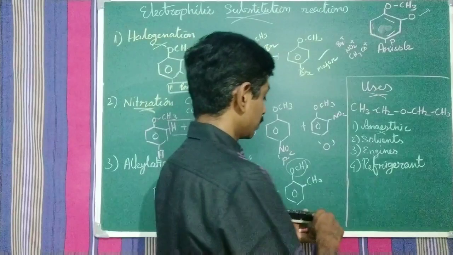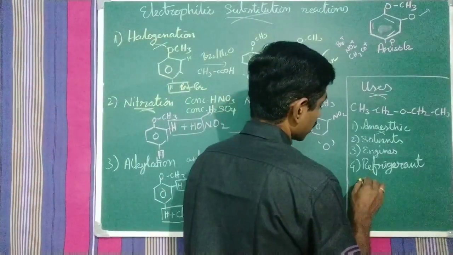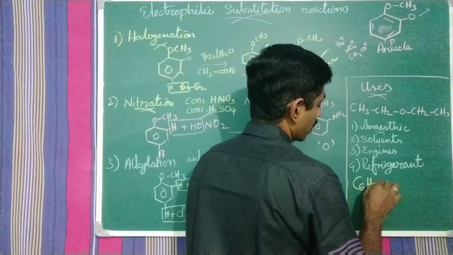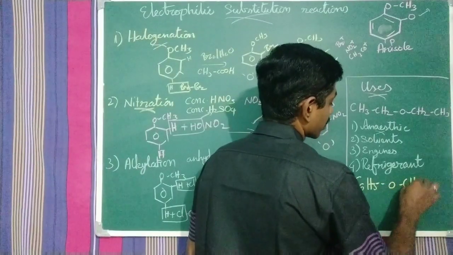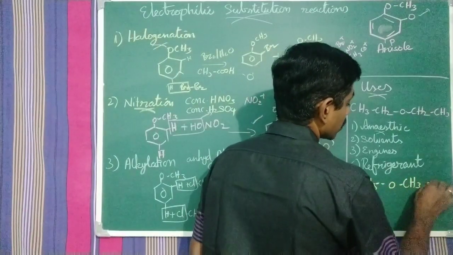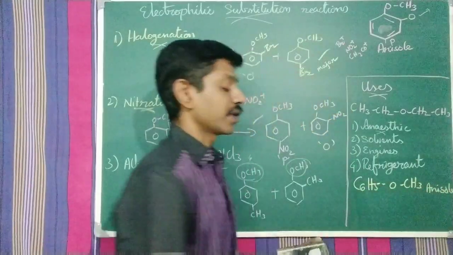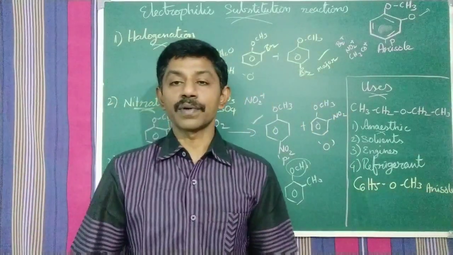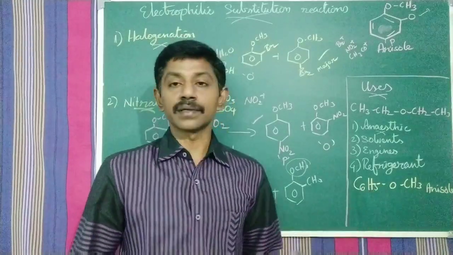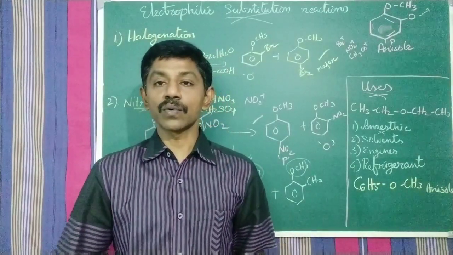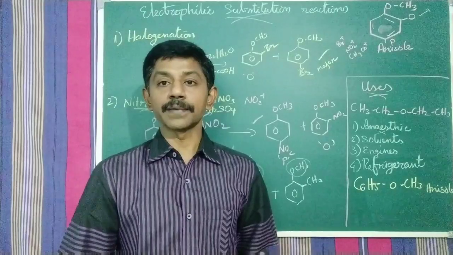And we have to learn in the next part the uses of C6H5OCH3. This is nothing but anisole. And anisole, we learned, is an example of an aromatic compound. From the classification we can understand aroma, sweet smelling.